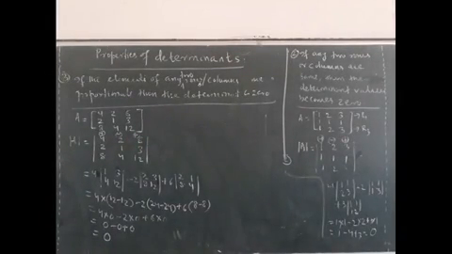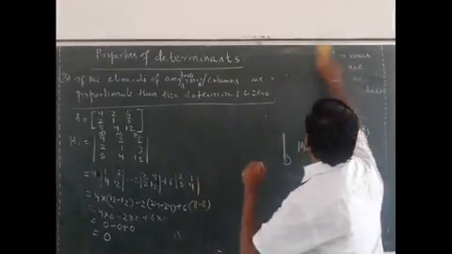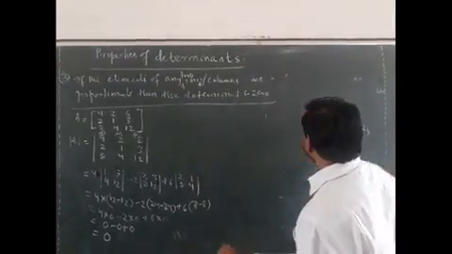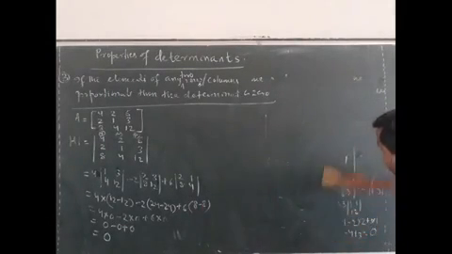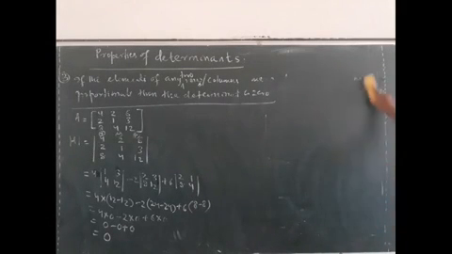Now, our fourth property tells us how to take common factors in determinants. Let me discuss that. Actually, our fourth property helps us in solving algebraic questions related to determinants.